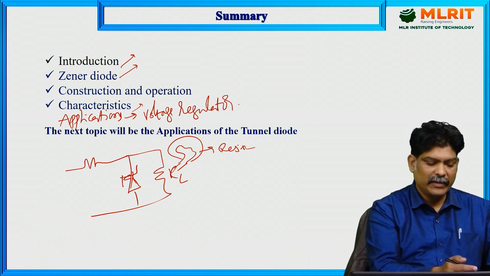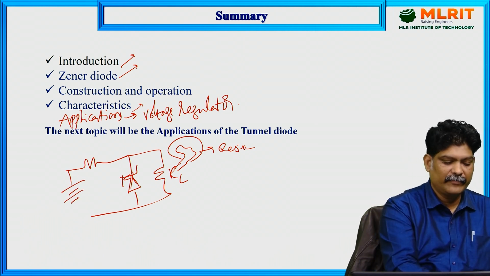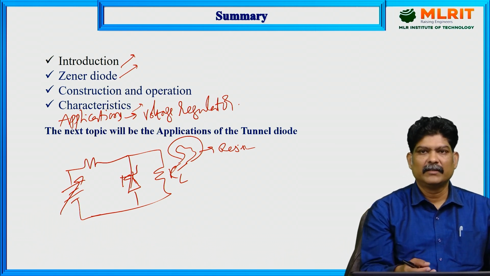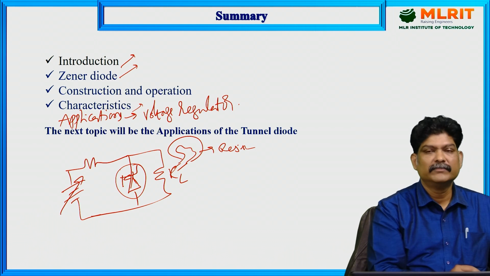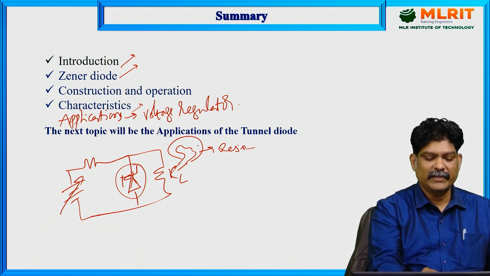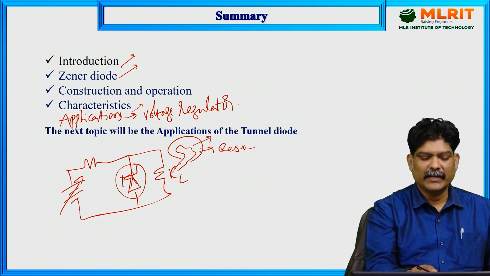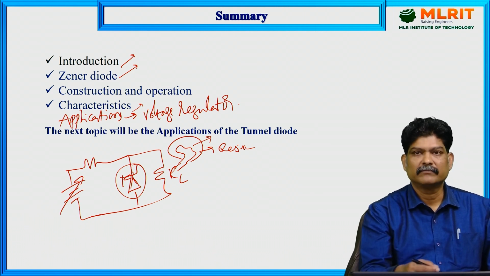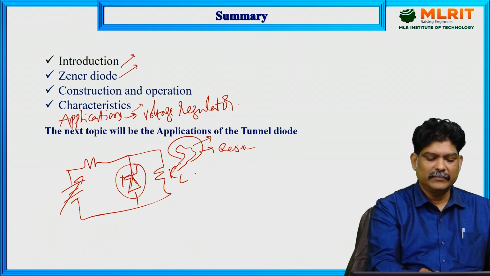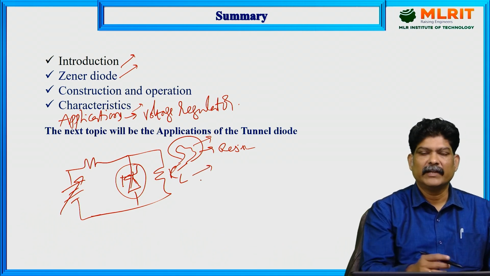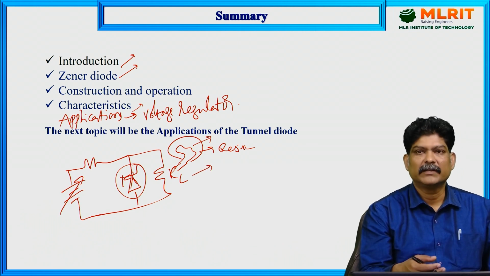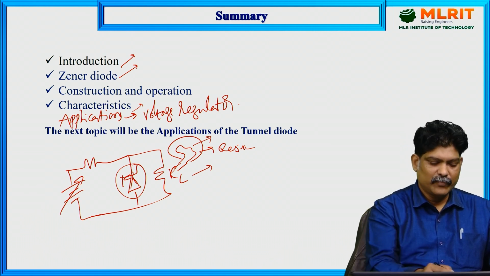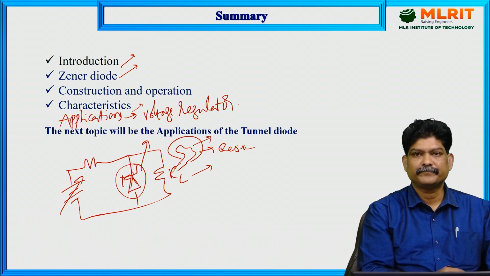If your input is beyond that threshold voltage or level and there is no Zener protection, then the output gadget, or whatever equipment or component we are connecting at the output end, will get damaged. To avoid that, we require some protection, which can be provided by the Zener diode.